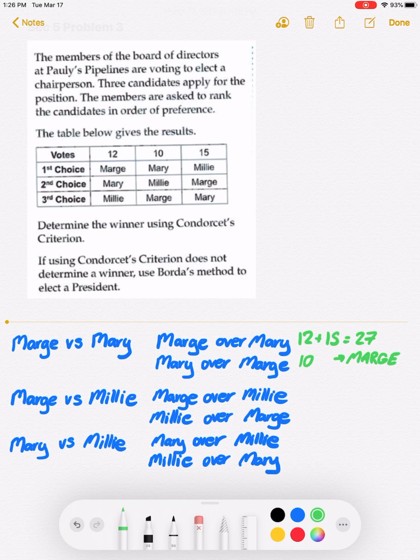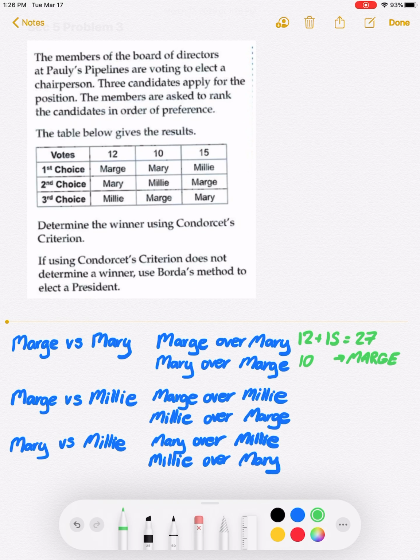And finally, Mary versus Millie. So Mary wins over Millie in the first column and the second column, my apologies, that gives 22 points. And finally, Millie wins over Mary just in the third column, that's 15.